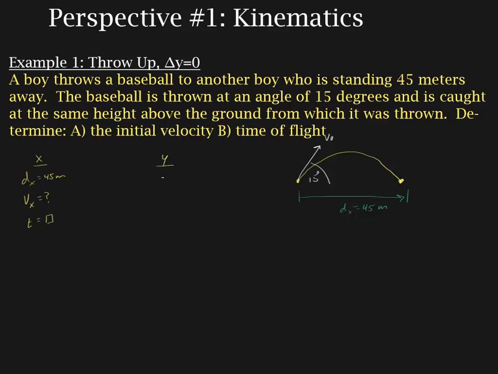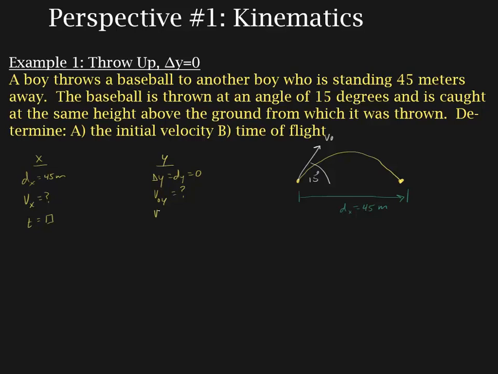In the y dimension, we know that delta y, which is the same thing as dy, is equal to 0. We know that the ball has an initial velocity in the y dimension, but we don't know what it is.